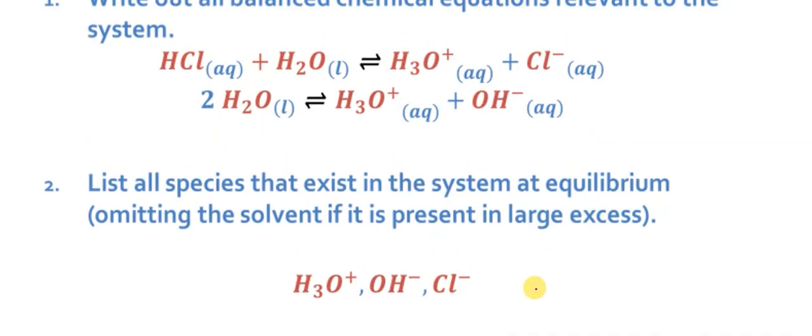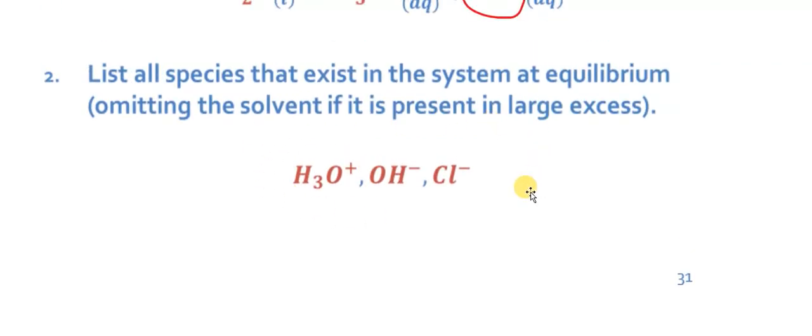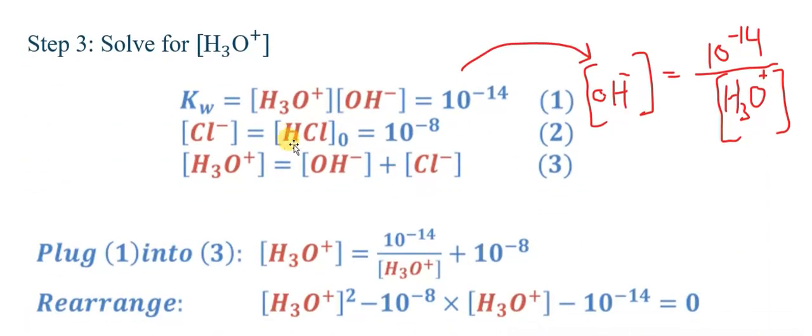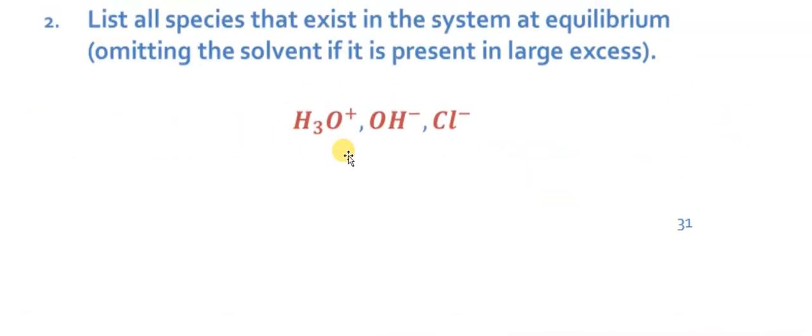It means there are three types of ions: hydronium ions, chloride ions, and hydroxyl ions. In other words, there are two types of negative ions and one type of positive ion, hydronium. The positive ions are equal to all the negative ions.